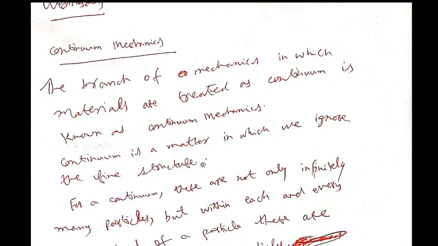In the microscopic level structure, you can see that there are gaps among the atoms. When we ignore that fine structure, it means that we are ignoring the gaps, supposing that there is no gap among the atoms of the particles of the materials.